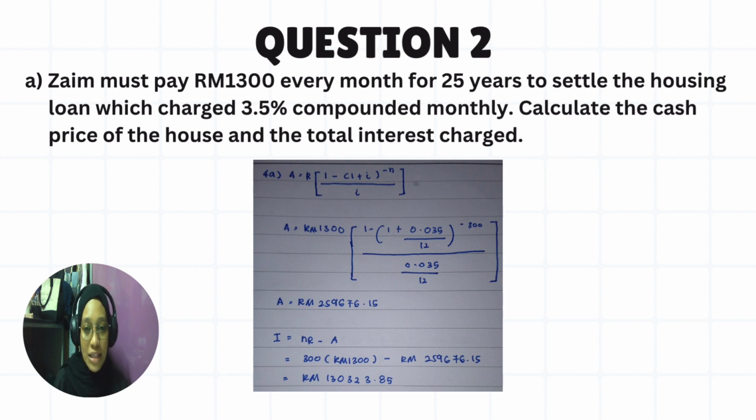So the answer is 113,323 ringgit and 85 cents. So this is for question 2A.